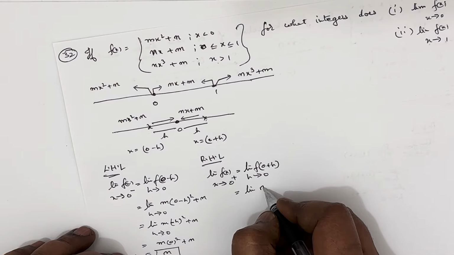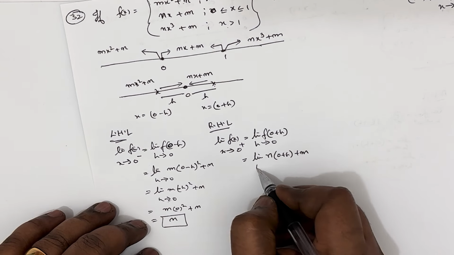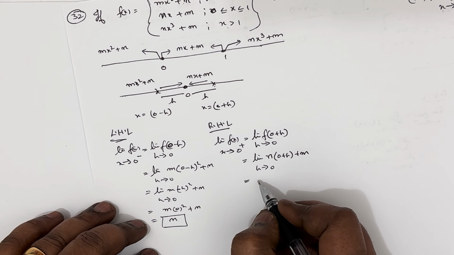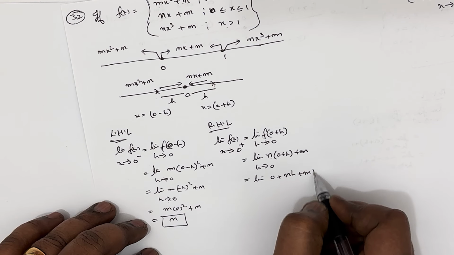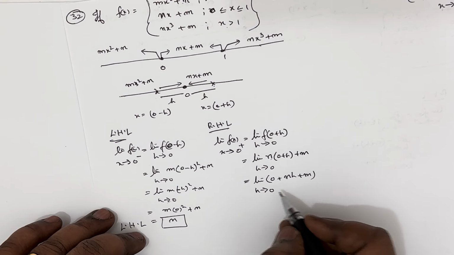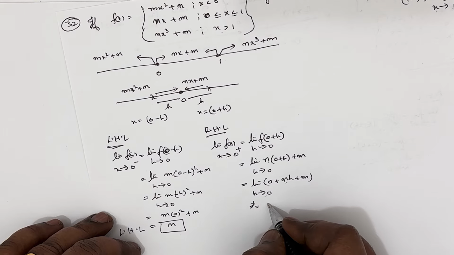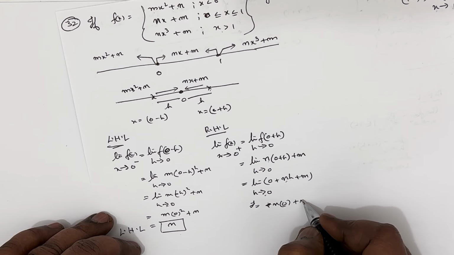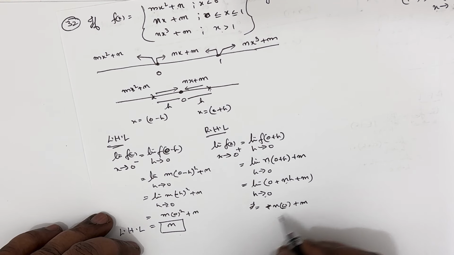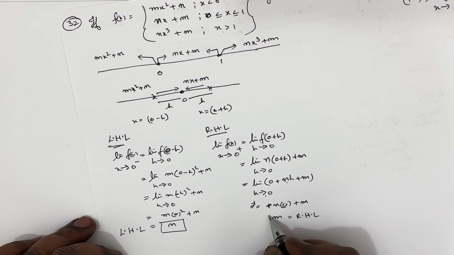So it is n into 0 plus h plus m, h tends to 0, which is equal to the limit of n into 0 plus nh plus m. Putting the value of h in the function, 0 multiplied by h is 0, n into 0 is 0, plus m. So this becomes m. This is the RHL, the right hand limit.